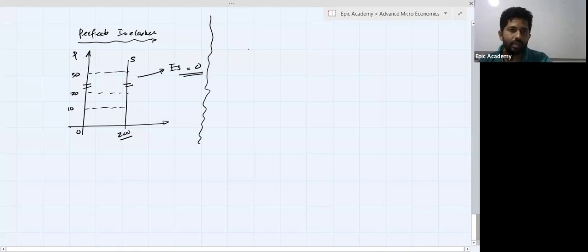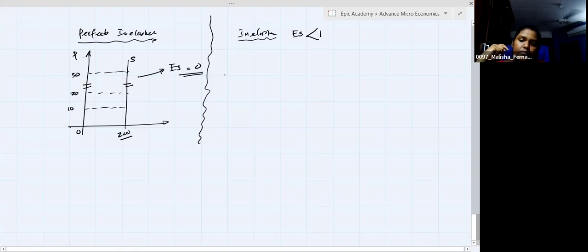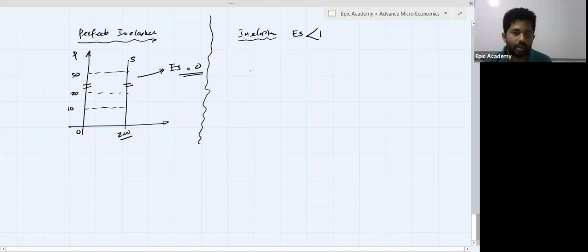And next we discuss inelastic. Inelastic means there must be a response, and the coefficient is always less than 1. Less than 1. Okay, right. This is the price axis. This is the quantity axis.